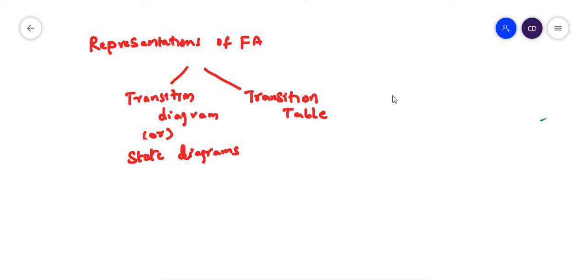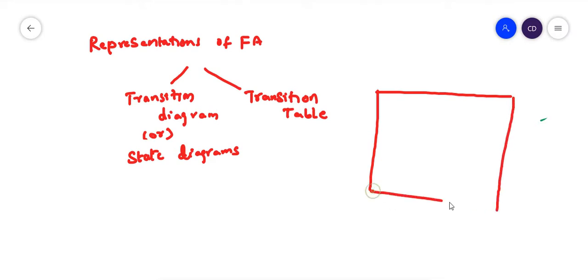See here, your transition table is nothing but rows and columns. Simply you can take this as a table representation.